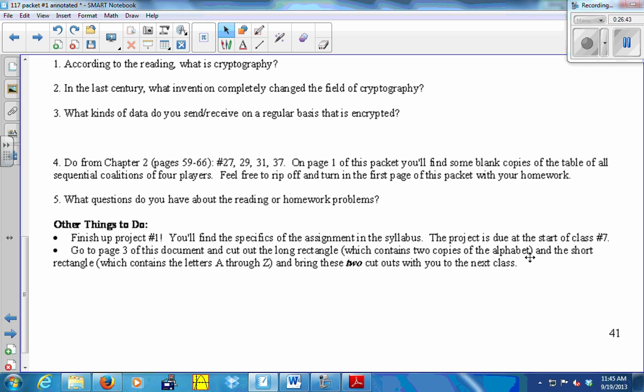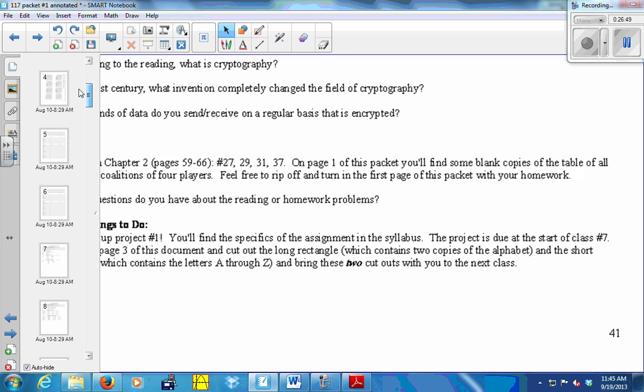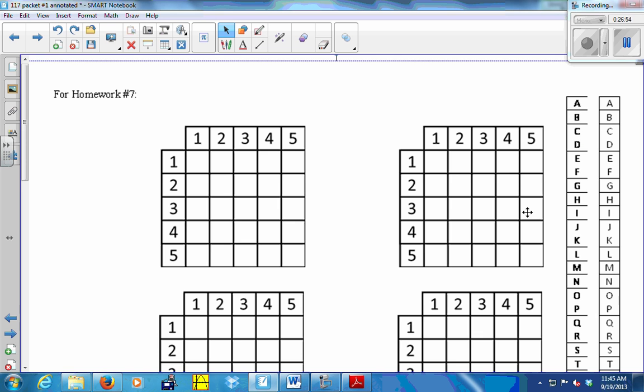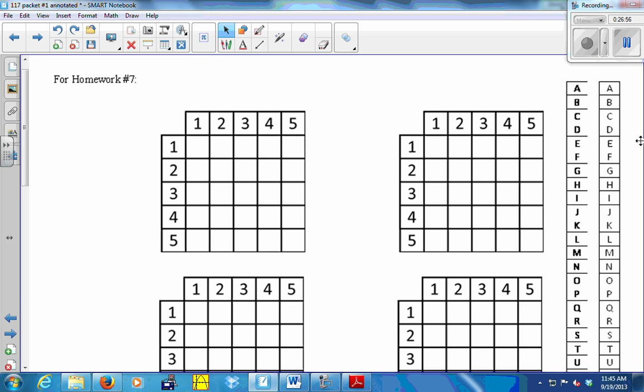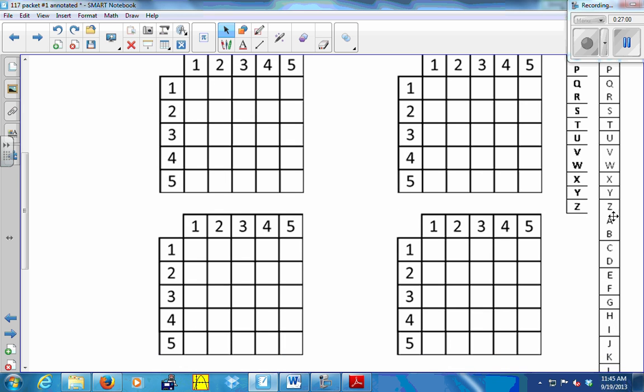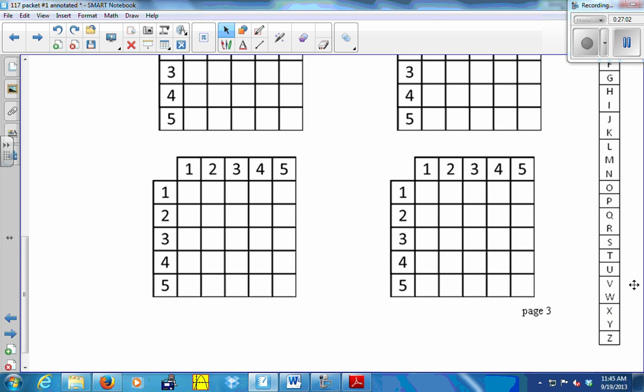The long rectangle and the short rectangle contain letters A through Z. So you want to cut out both of those things. There's 3 copies of the alphabet, basically. There are 2 copies right next to each other. Cut that out as 1 rectangle, and then cut out this single copy of the alphabet as well. So you're going to have 2 little strips of paper with you on Tuesday in class. It's going to help us with the cryptography stuff to have those cut out and easily visible.